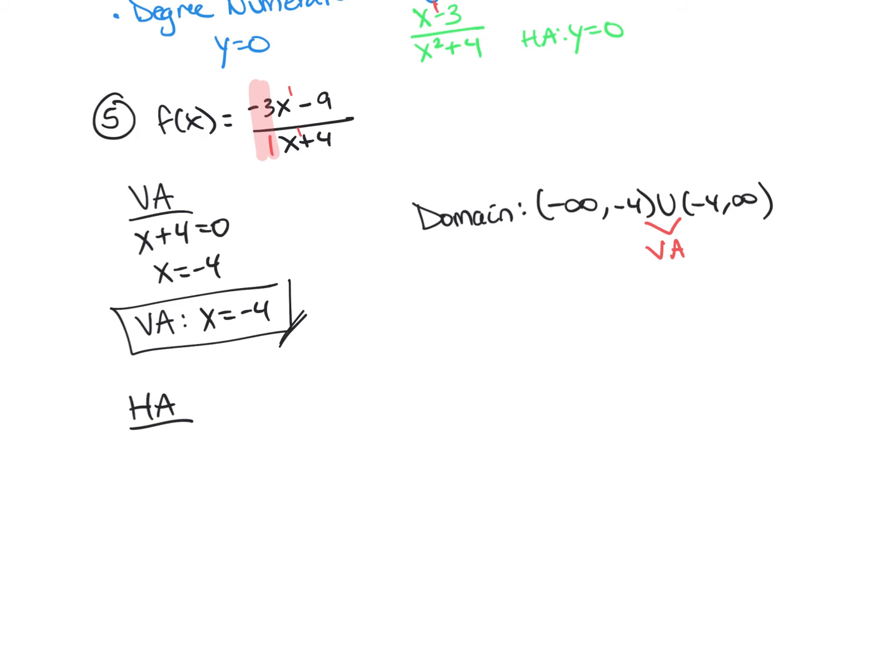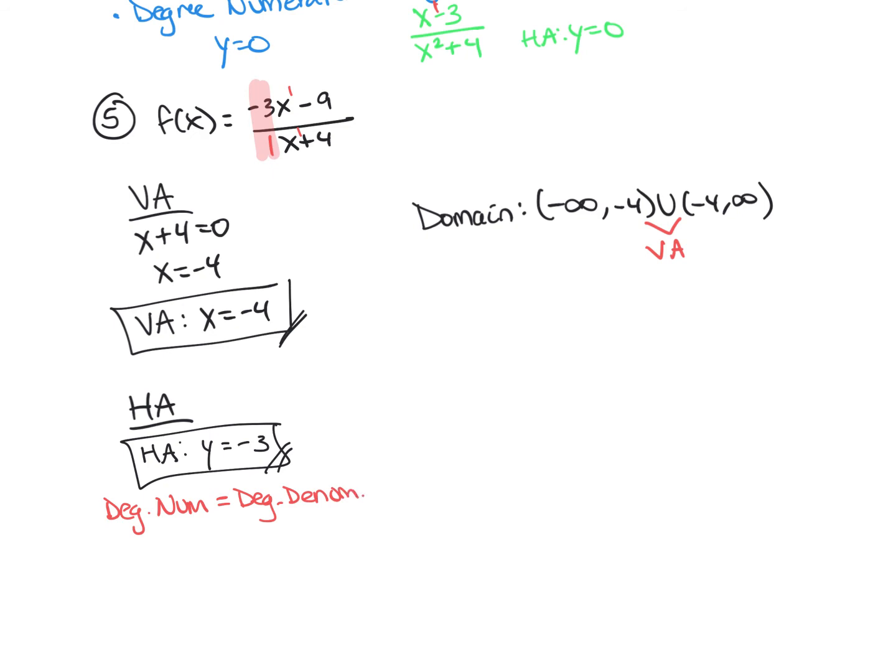So negative 3 over 1 is just negative 3. So our horizontal asymptote is y is equal to negative 3.